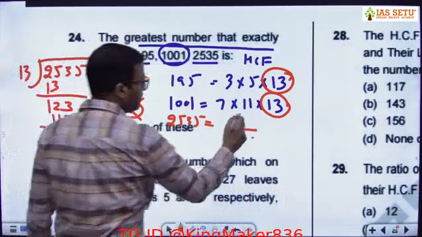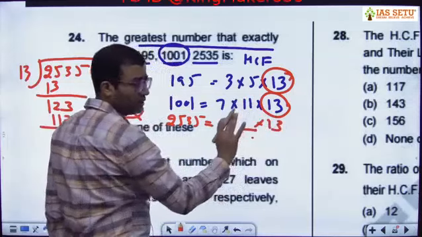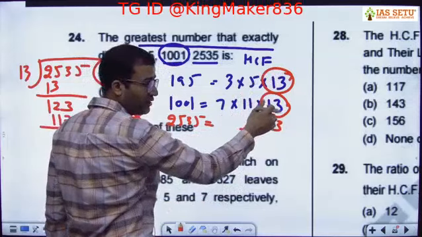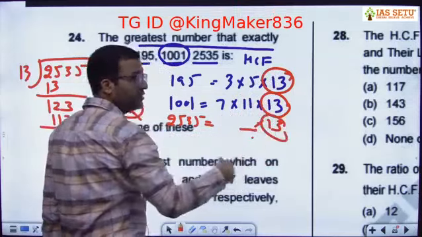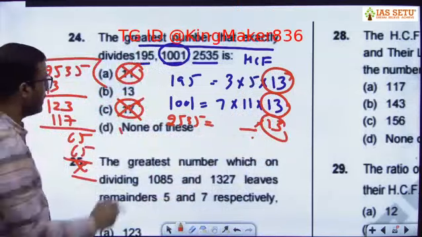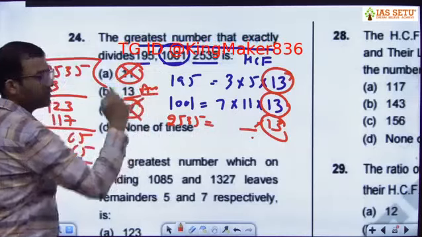So it means this number is 13 into something. 13 is a common factor in first and second, and since 13 is a factor in third number as well, so our answer is 13.